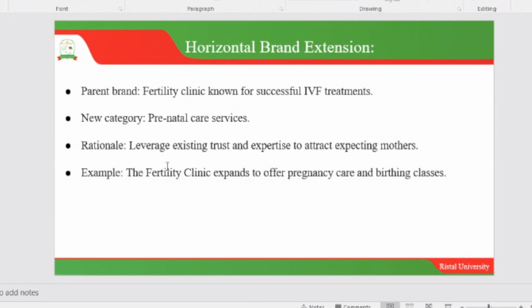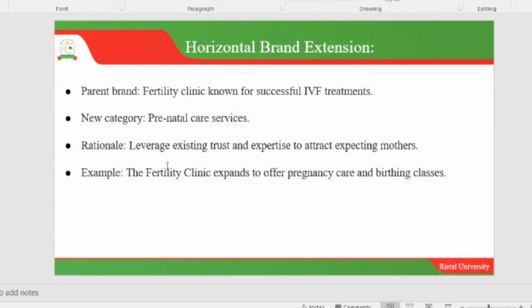Why are you offering it horizontal? Horizontal meaning you're offering a service that leads to the next service. So why are you offering it? What is the rationale, or what is the reason behind this new category? It is because you want to utilize the existing trust customers already have to attract mothers who are expecting, who expect to have babies, or who expect to become pregnant.